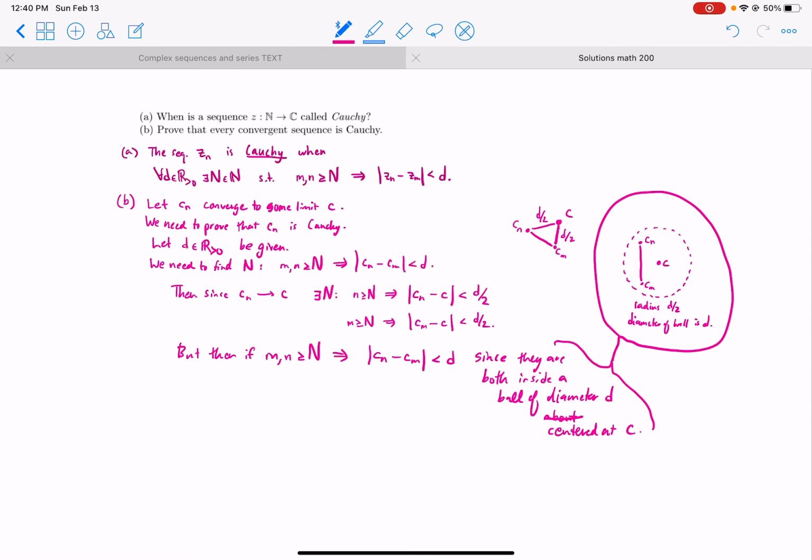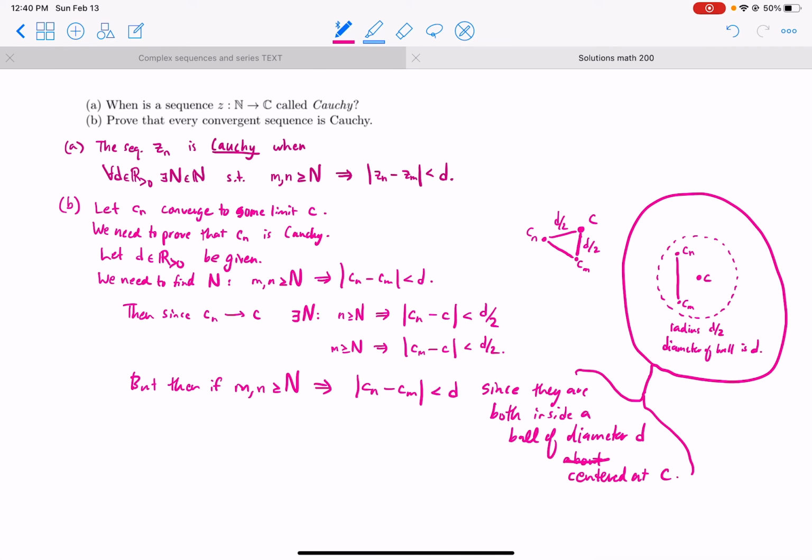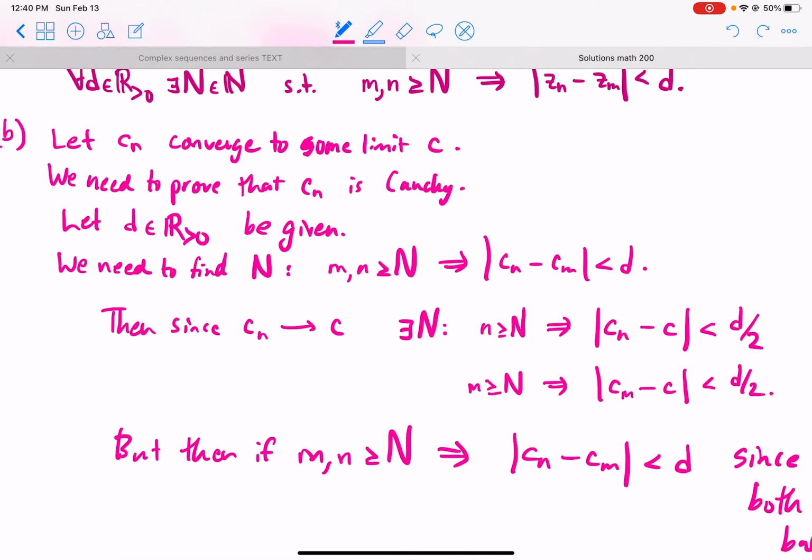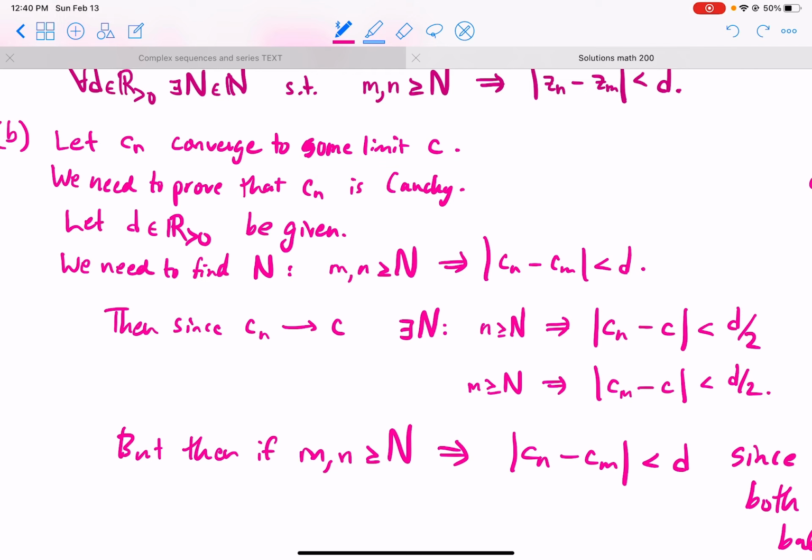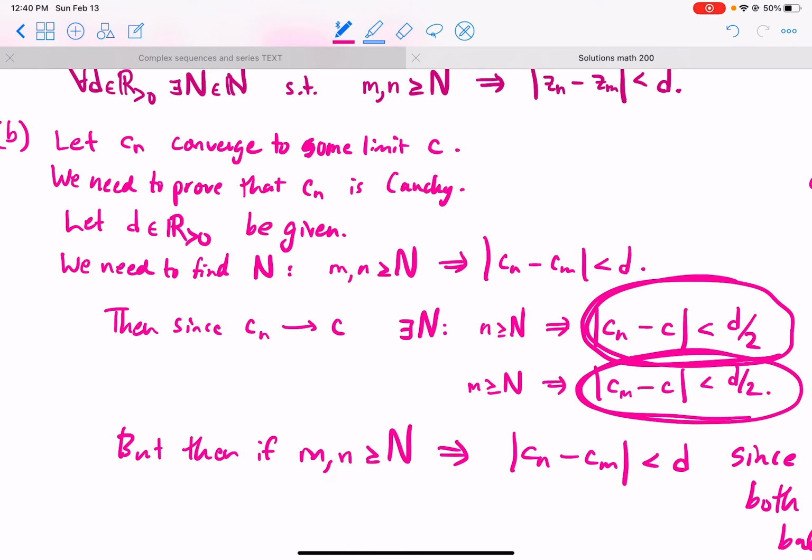Okay. So let me see if this truly worked. Let C sub n converge to some limit. We need to prove that this sequence is Cauchy. Okay, so let d be given, and we need to find an N such that going past that puts these within d. Well, because the C sub n's converge to some limit C, then there does exist the capital N that puts the C sub n's and C within d over 2 of each other.